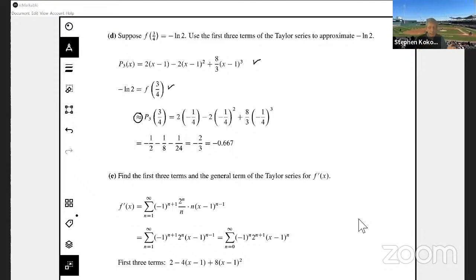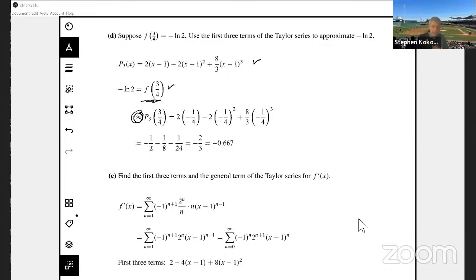Now, a couple of things here. This is one of the places on the AP exam where we tend to be picky about equal signs versus approximation symbols, so you want to be careful if you're writing something like this. F of 3/4 is not equal to this Taylor polynomial. It's an approximation. It is approximately equal to that p sub 3 evaluated at 3/4.